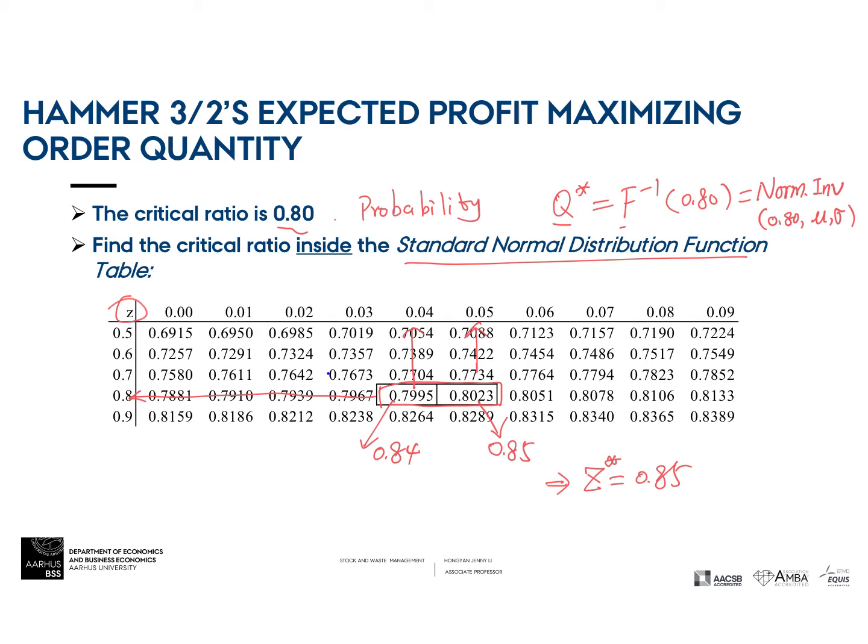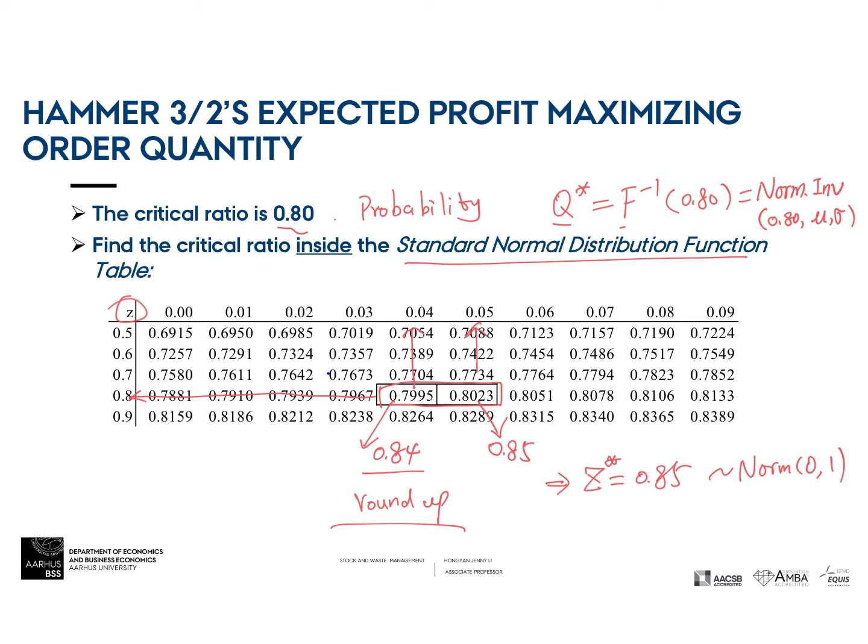You may ask, why don't we take 0.84? Because this is based on the round-up rule in the newsvendor model. You always choose the value that gives you the higher order quantity. So here we choose zeta equals 0.85. We know zeta is a standard normal distribution with parameters 0 and 1.